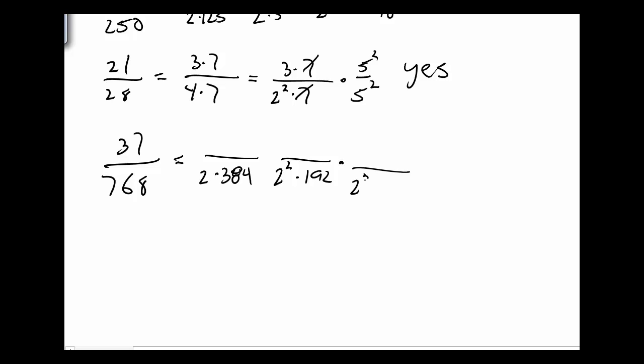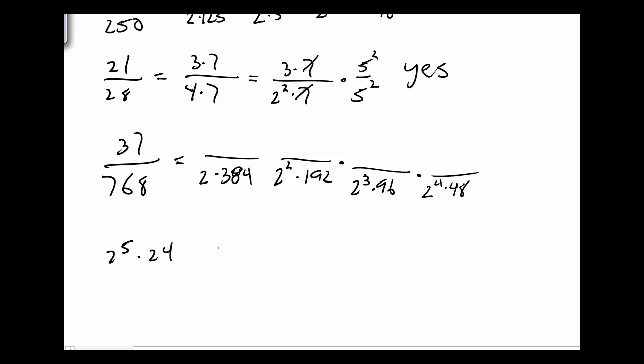Seems like I'm just pulling 2's out everywhere. 2 times 96, and I can clearly take another 2 out. It looks like we're going to go on for a while. So 2 to the 4th times 48. Okay, we're getting closer. 24, so 2 to the 5th times 24.